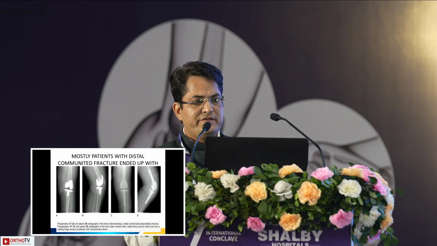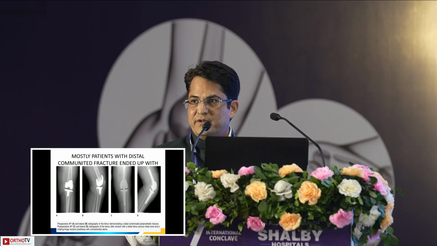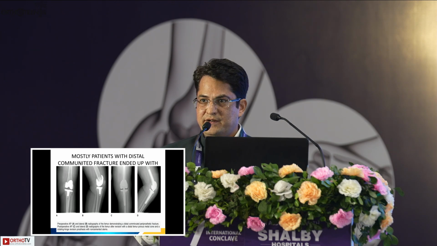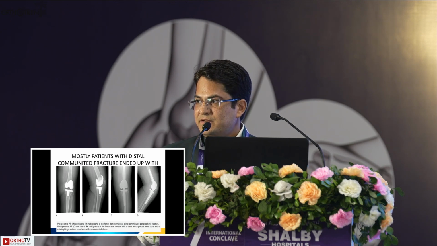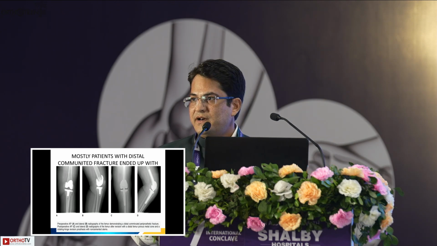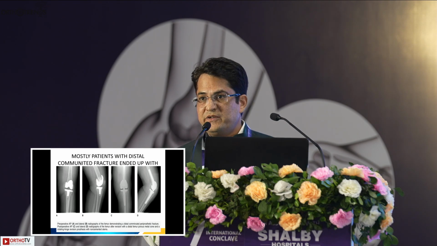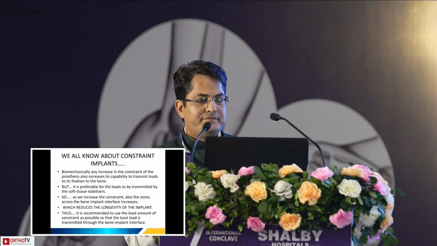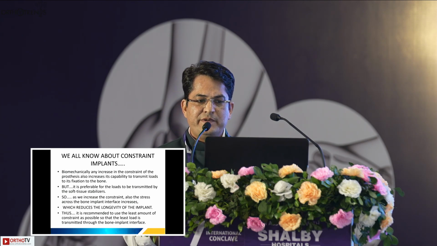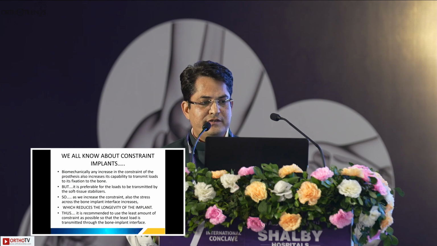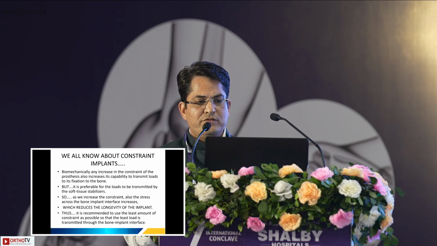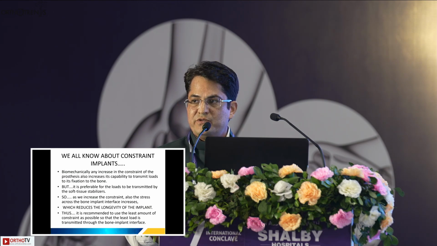Mostly patients with distal comminuted fractures end up with this, and the choice is the RHK implant, but I'm not convinced with it. It should be the last option, unless no other option is left. I'm not in favor of the rotating hinge implant in periprosthetic fractures, because biomechanically any increase in the constraint of the prosthesis also increases the load transmitted through the bone fixations, rather than load transmission by the soft tissue stabilizers.